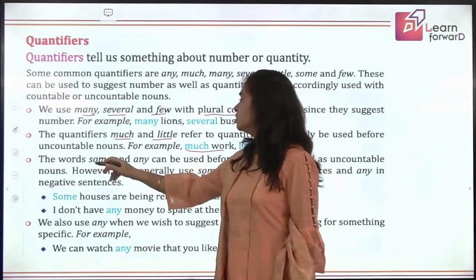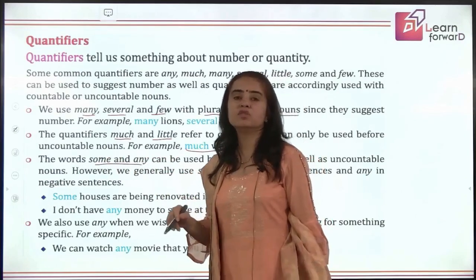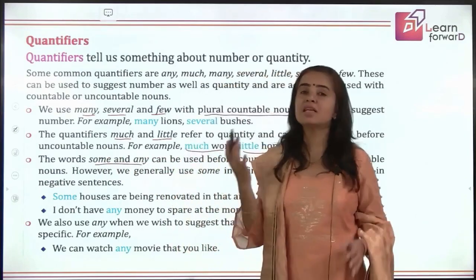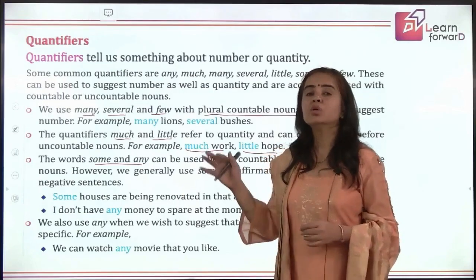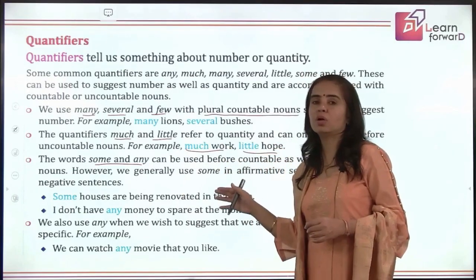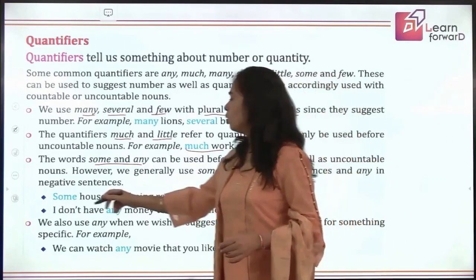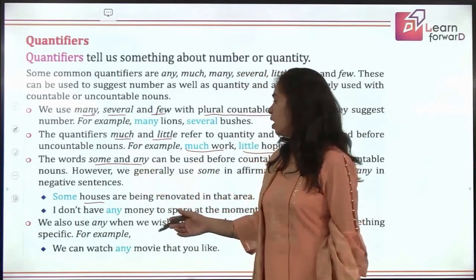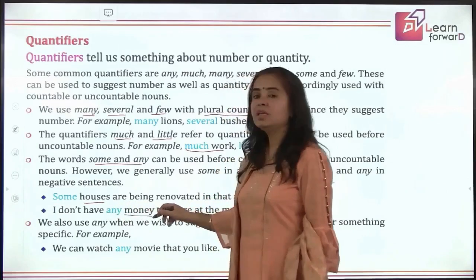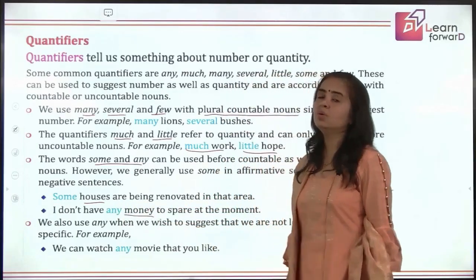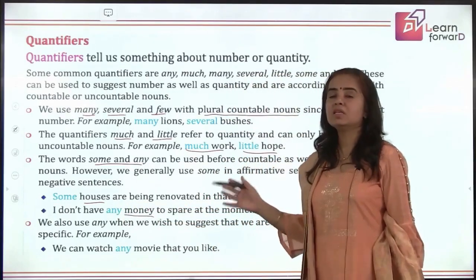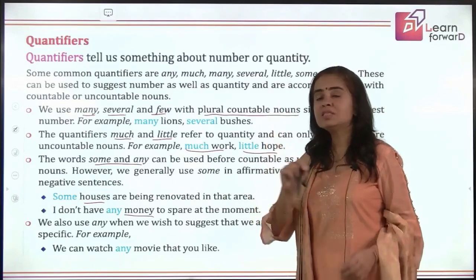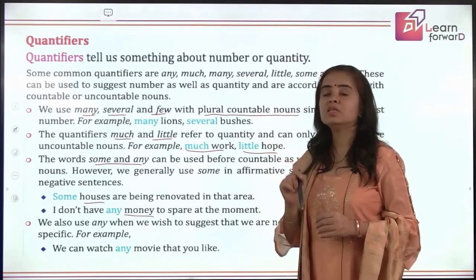Next, the words some and any. These are the words which can be used with countables as well as uncountables. So it depends which noun you are talking about. Like some houses, if I say houses are countable, so this becomes countable. I don't have any money. Money, you remember I told you in your earlier grades, money is not countable. Rupees are countable, but money is not countable.